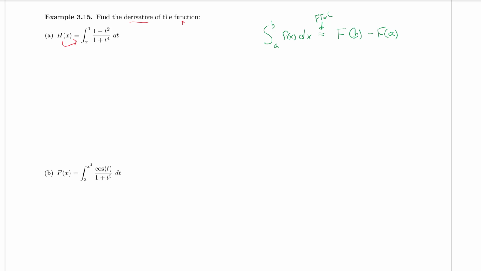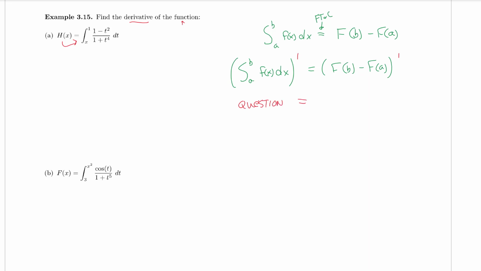So now, let's say that we took the derivative of both sides. So we're taking the derivative of this integral, and we're also taking the derivative of these antiderivatives. So if we're finding the derivative of an integral, this is the question that we're being asked.